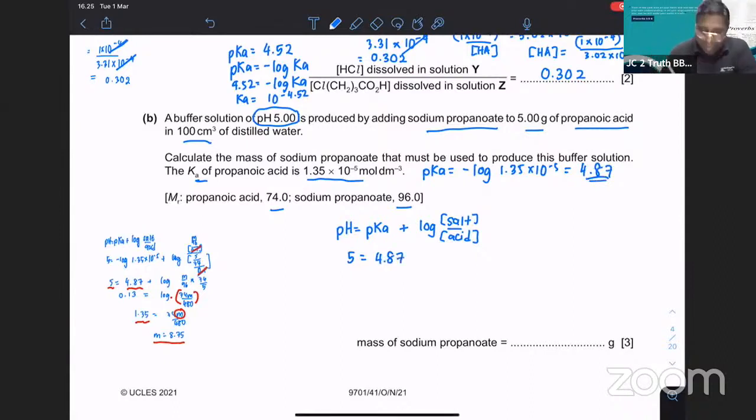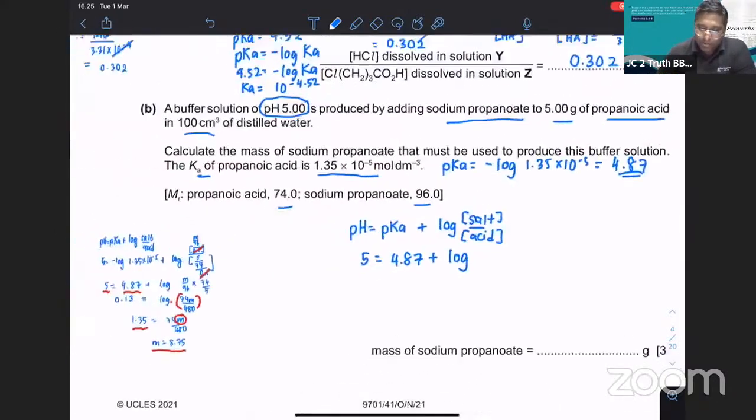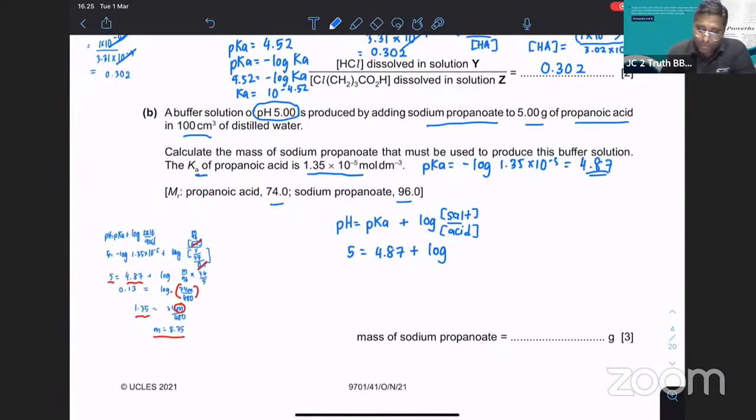Now plus log of the concentration of the salt. The salt that we are going to use, we need to find the mass. So to find the concentration of the salt, I put mass divided by the molar mass of the salt, which is 96.